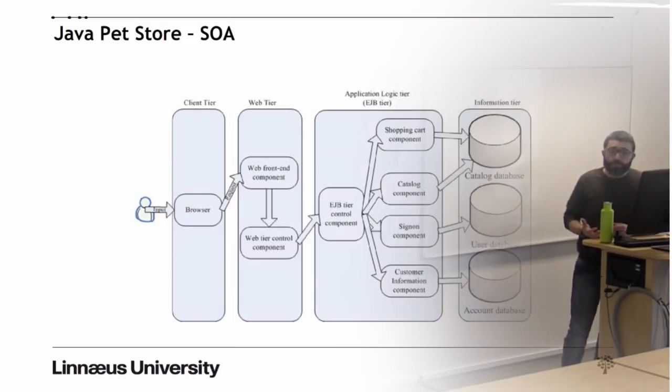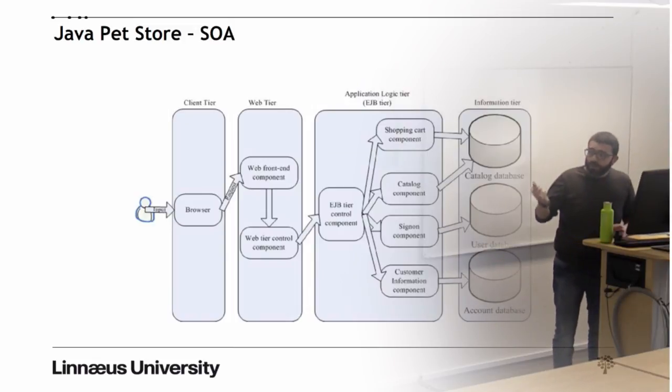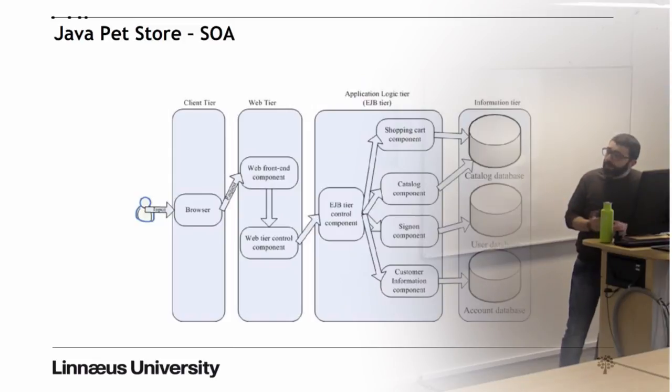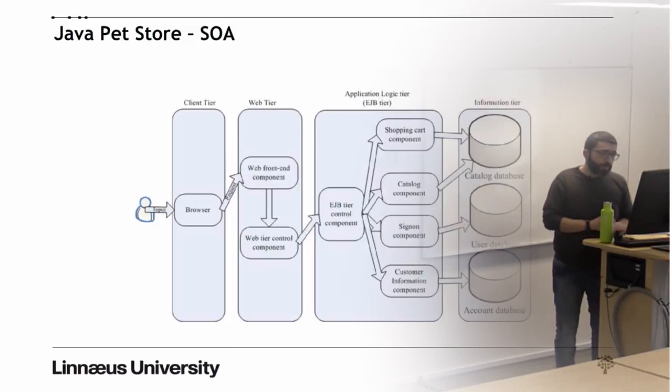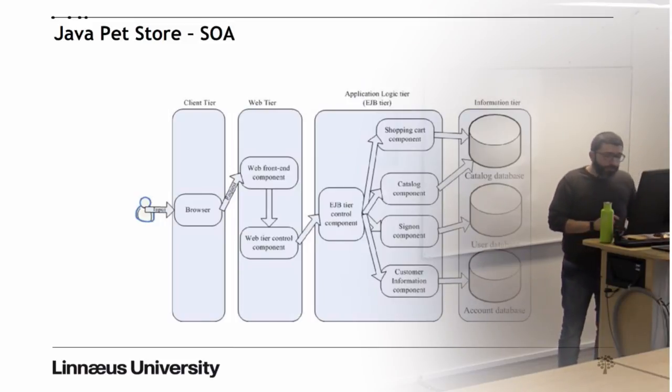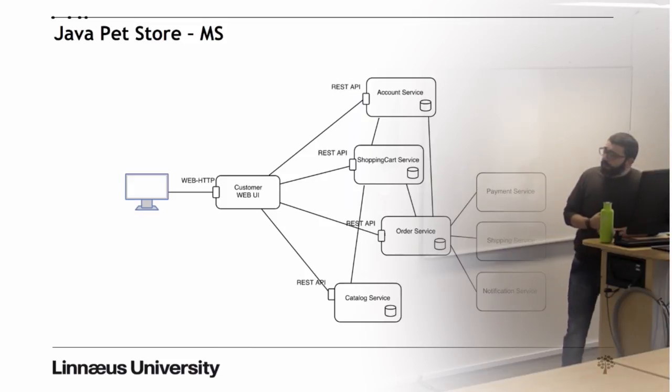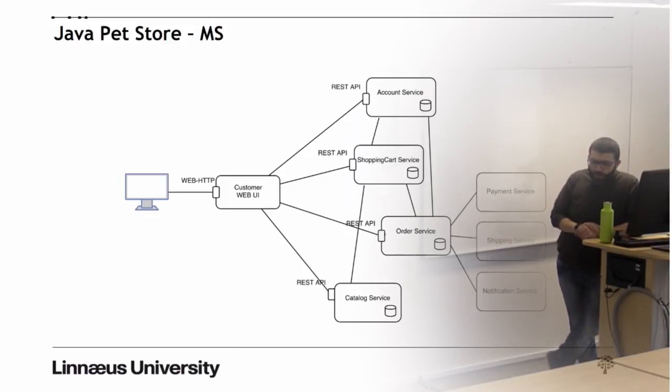Then what if we want to break this monolith and implement the same set of functionalities in a microservice-oriented architecture? Well, here we apply one of the patterns that were defined a few slides before, in particular the gateway.